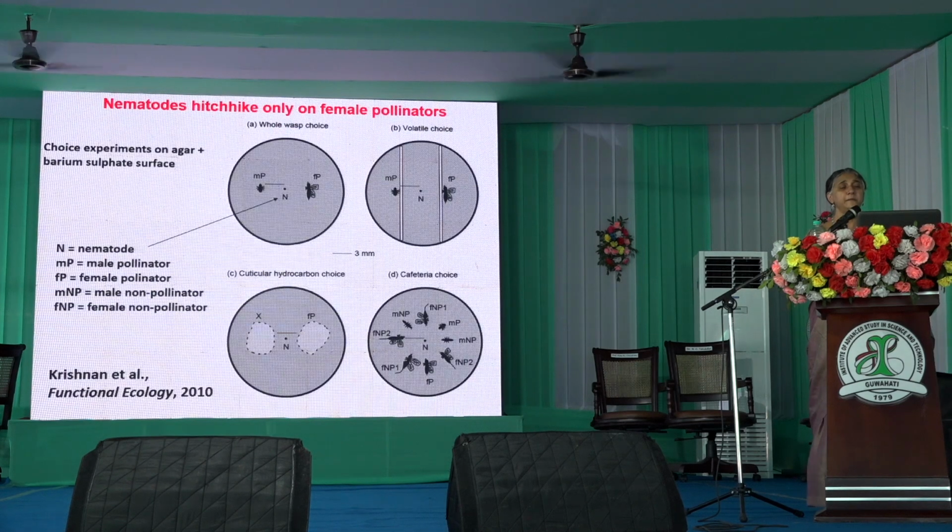Moreover, they hitchhike. They get a ride from one fig to another using the female pollinators. We've been able to show using experiments that the nematodes are able to differentiate between female pollinators and all the other females of the other 6 species of wasps and all the males. So they are very specific to the sex and to the species of wasp inhabitant.